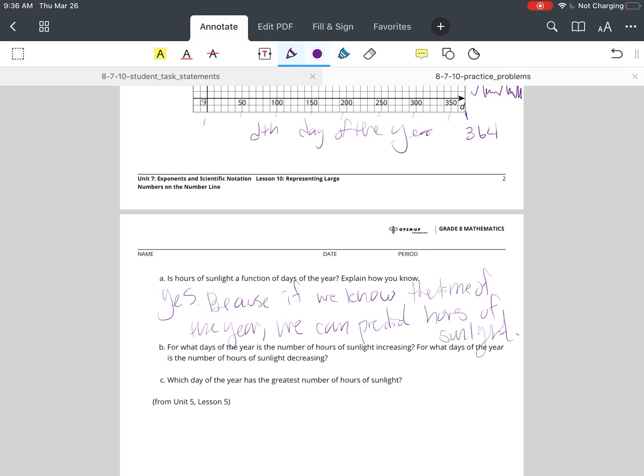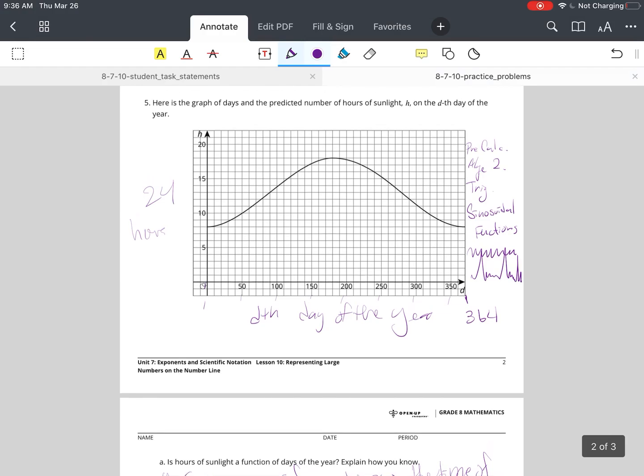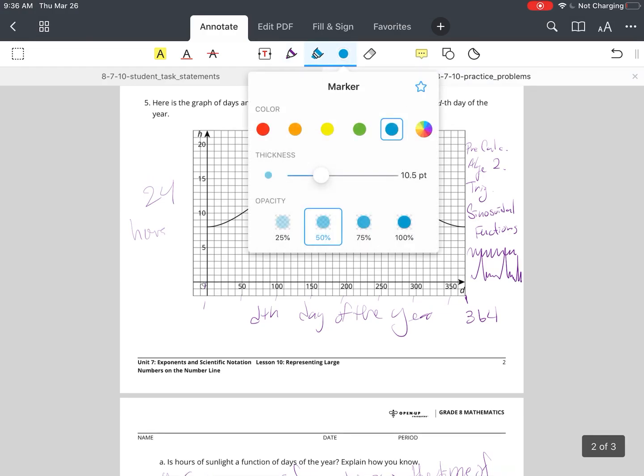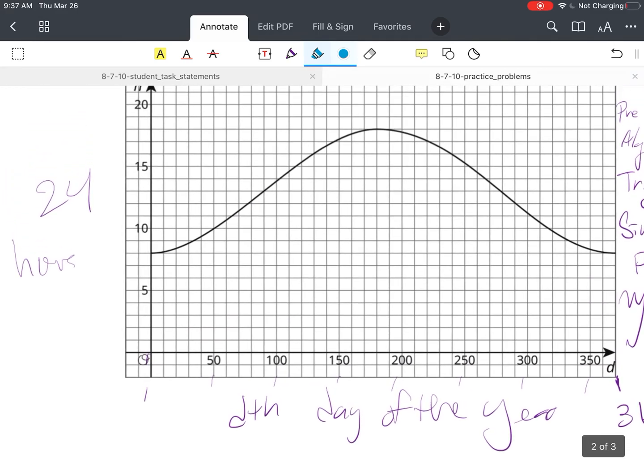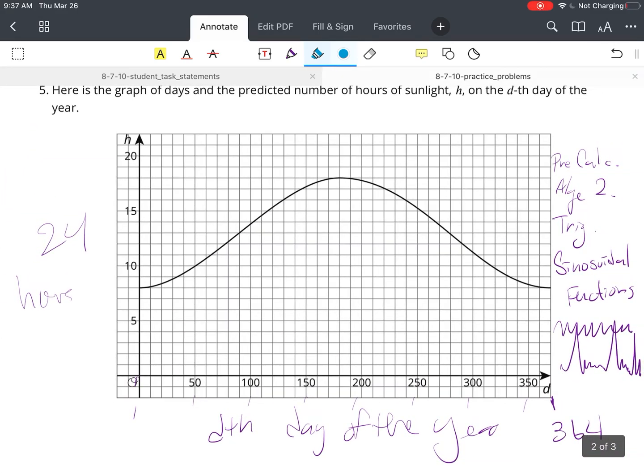For what days of the year is the number of hours of sunlight increasing? For what days of the year is the number of hours decreasing? I'm going to use colors here, okay? Blue for increasing and red for decreasing. So, where on this graph is it increasing? Show me on the screen where the number of hours is increasing.